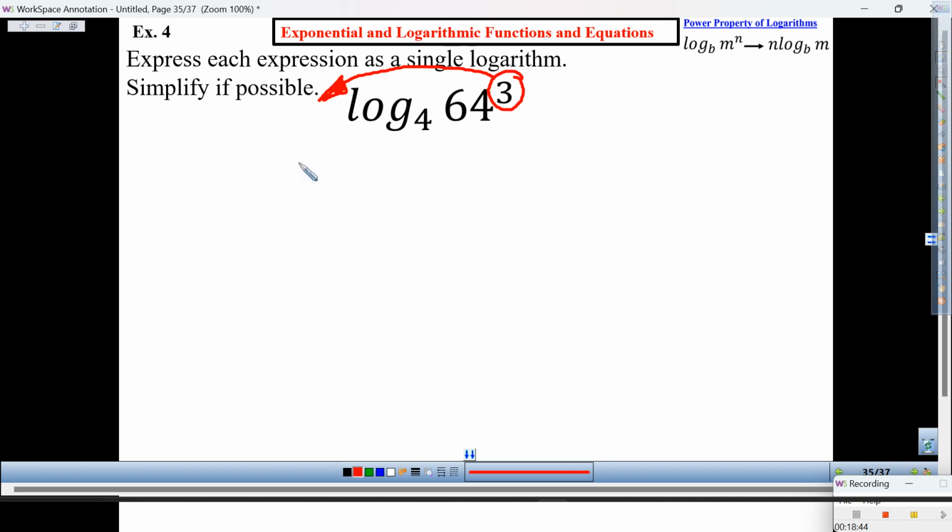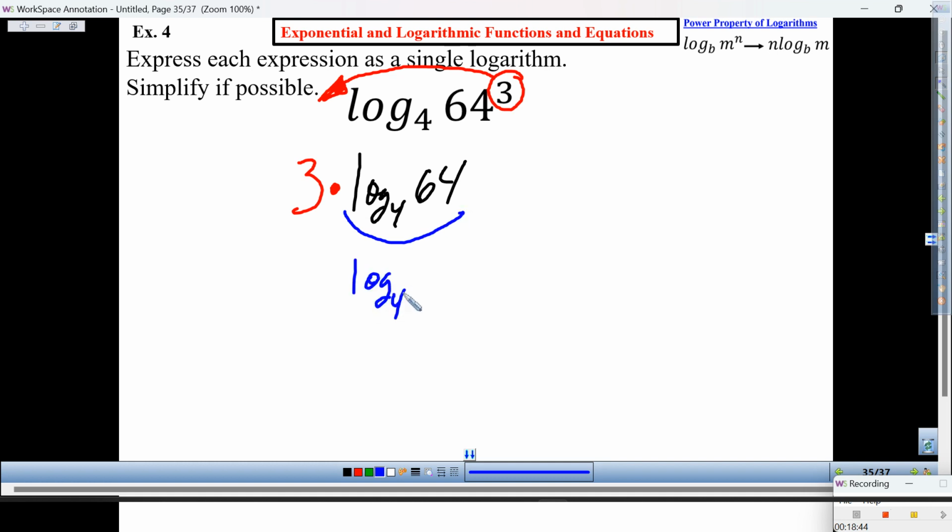So that means I have now a 3. It's no longer an exponent. It's just a factor. Times log base 4 of 64. Next, I need to rewrite this log base 4 of 64. Help me with that, Diego Rosas.